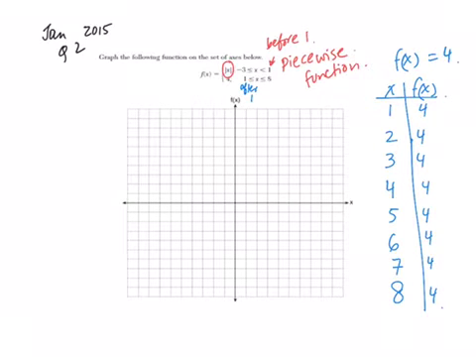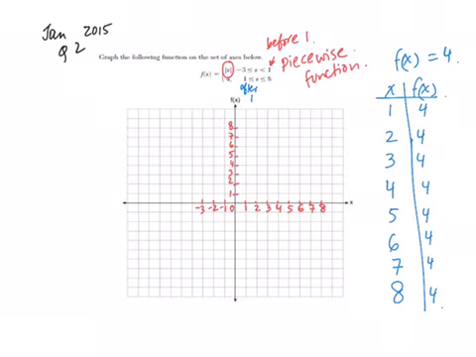Okay, let's try marking our axes. And these are over here where the grid lines intersect. Let's mark some negative points.